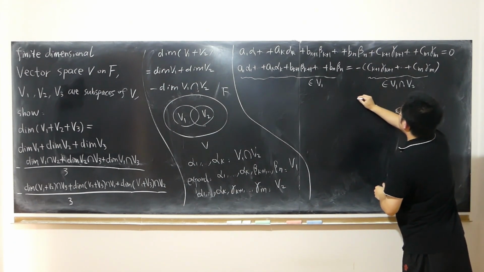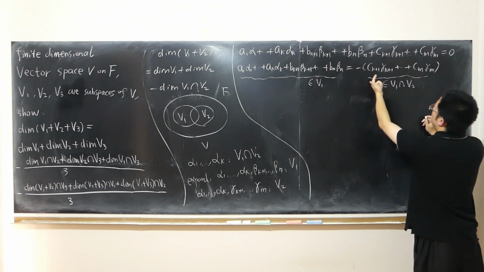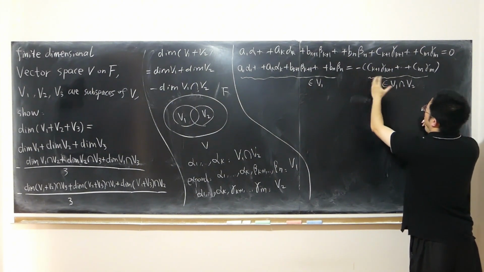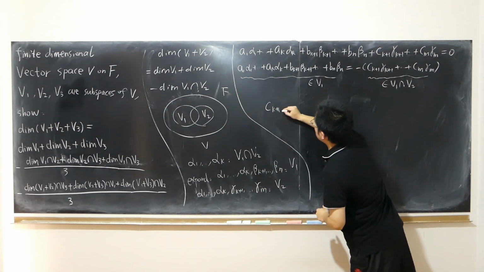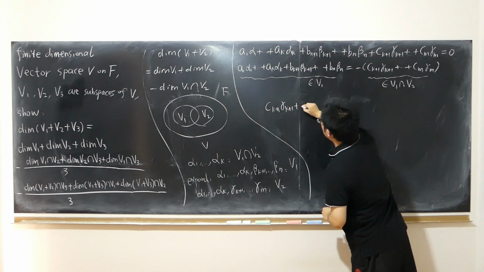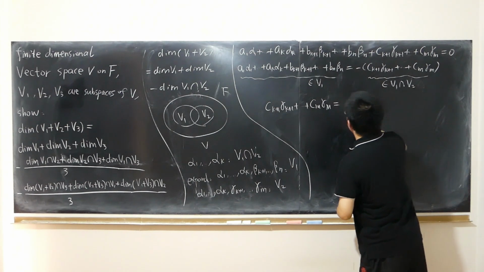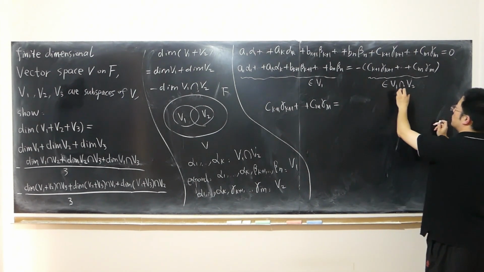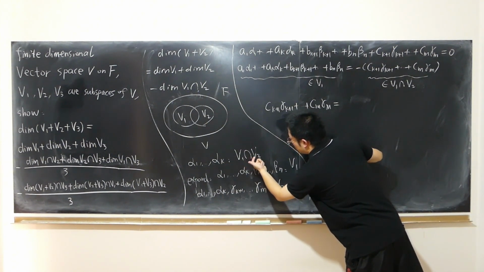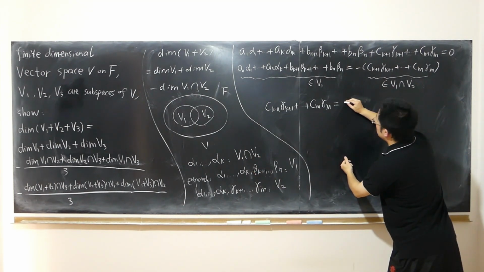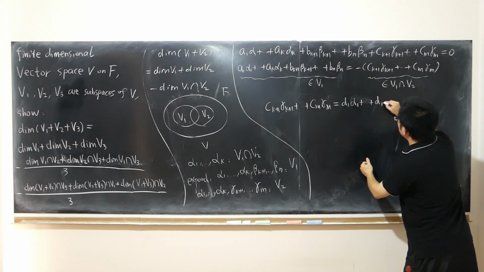So in fact, like I said, I'm using only the positive part. The negative part doesn't matter because it's a subspace. So c(k+1) times gamma k plus 1 all the way to cm times gamma m can be written as a linear combination of the basis of V1 intersect V2, so d1 times alpha 1 all the way to dk times alpha k.